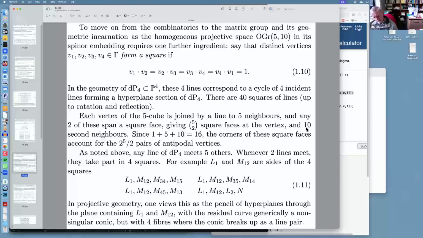Okay, neighbors, I mean the vertex opposite the origin in a square. Right. So I've got 2 to the 5th over 2 pairs of antipodal vertices.